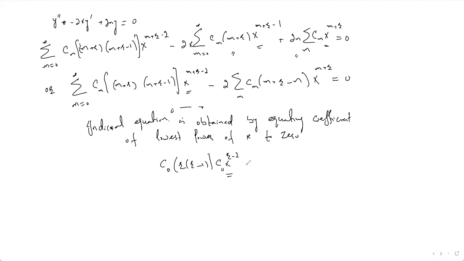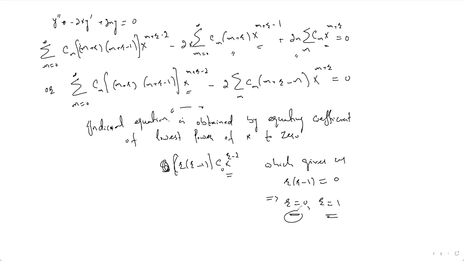Since c0 is not equal to 0, this gives us r into r minus 1 is equal to 0, which implies r is equal to 0 and r is equal to 1. So we have two different values of r.